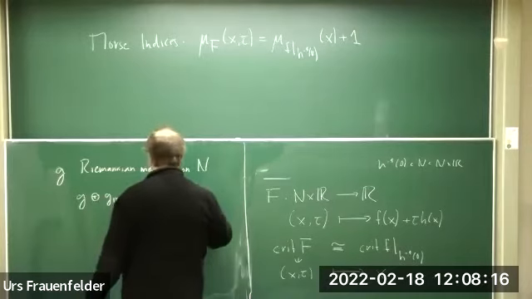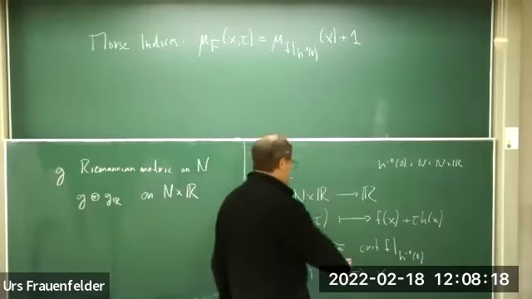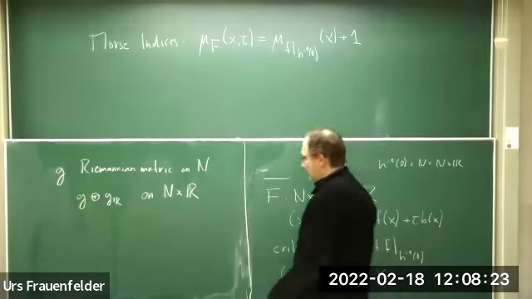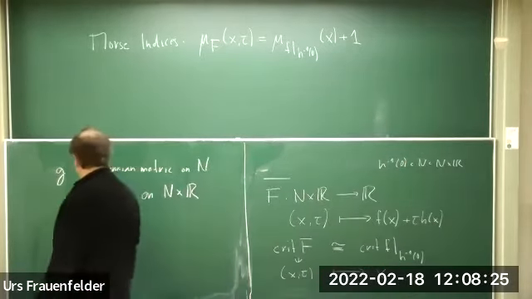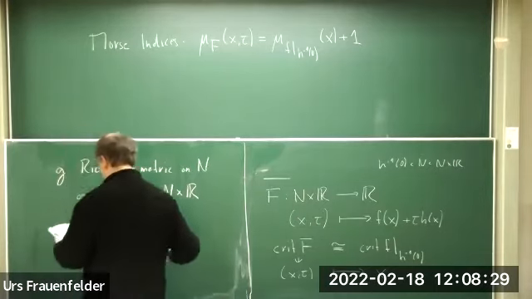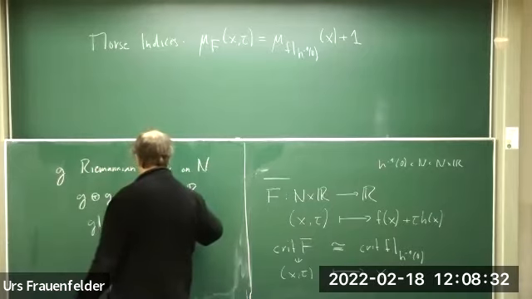And for the constraint, we just look at the restriction of G to h inverse of 0. That's the metric on h inverse of 0.